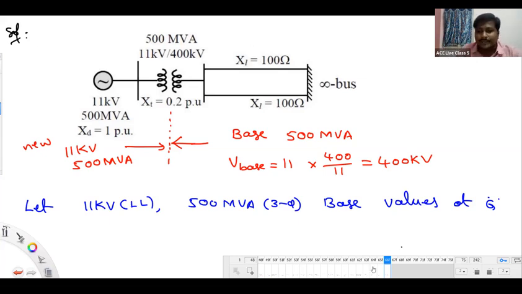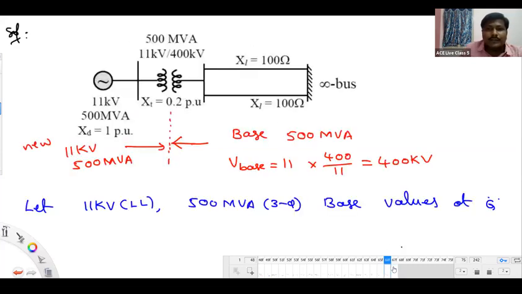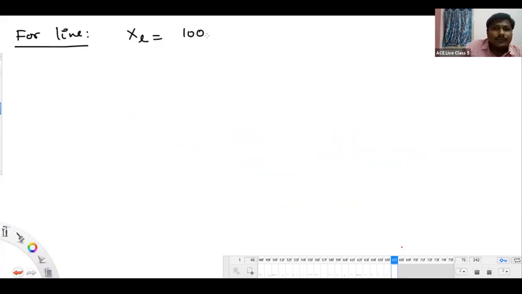So first we do it for the line. XL value is 100 ohms. And the base values you already know here. Base values are 400 kV line to line and 500 MVA three phase. What is the Z base value from this?